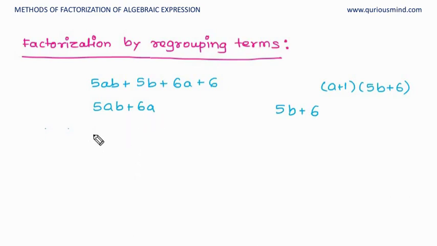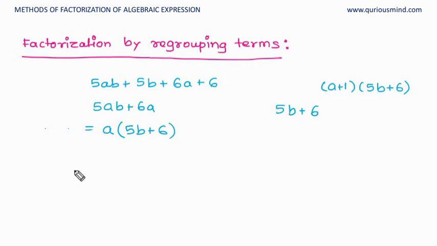So in this group, what is common? Common is obviously a. And in the bracket, what is remaining? 5b from here plus 6 from here.